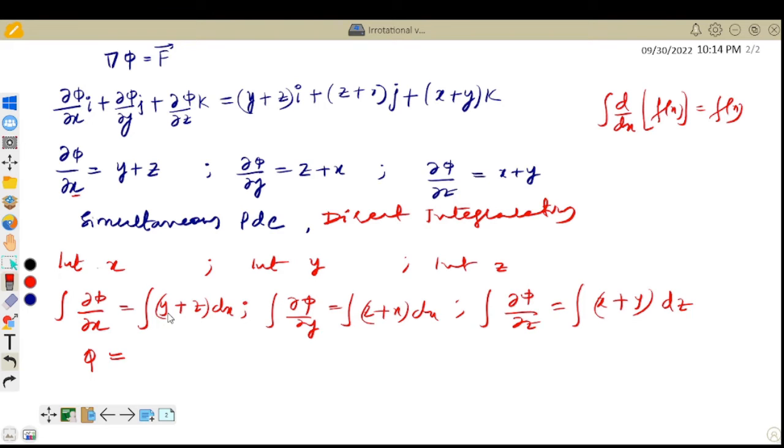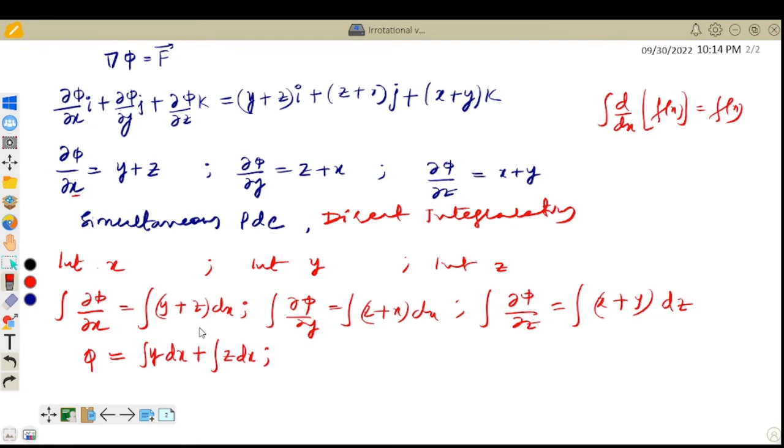Here you have y. So first I am writing integration of y dx plus integration of z dx. Then it is more useful. Further, here you will get φ again.